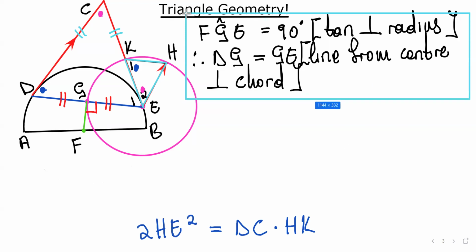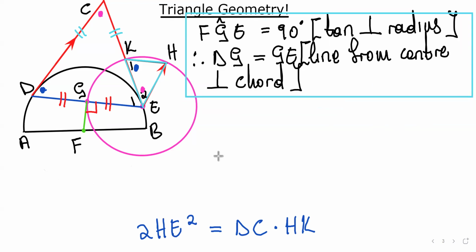So how does it work? Well, easy. We need to find the corresponding sides. We just go to the angles that are opposite each other.